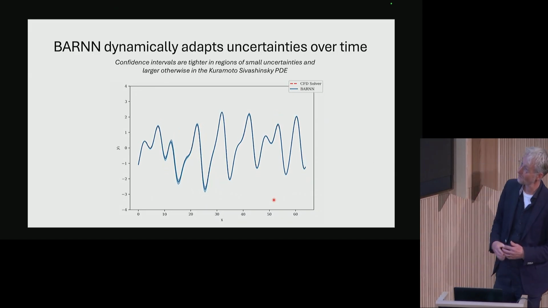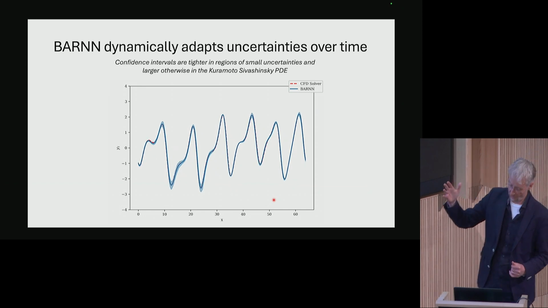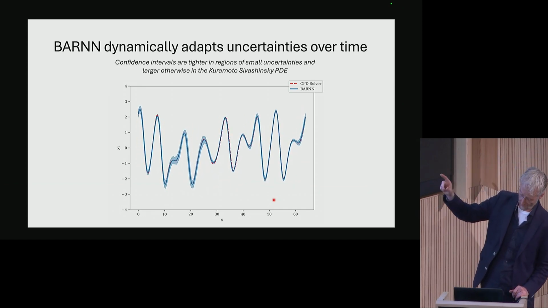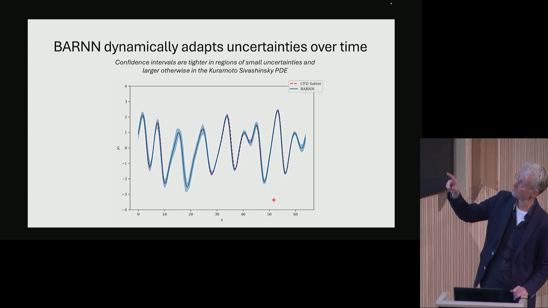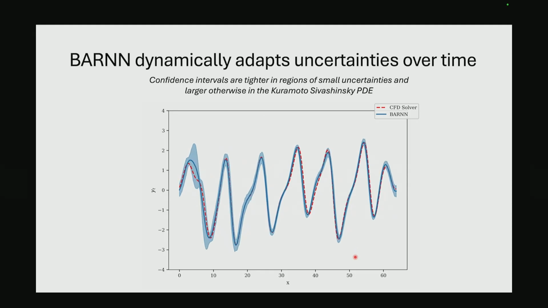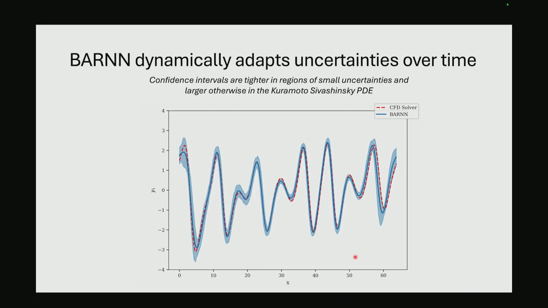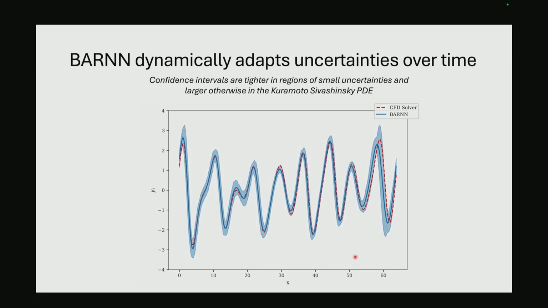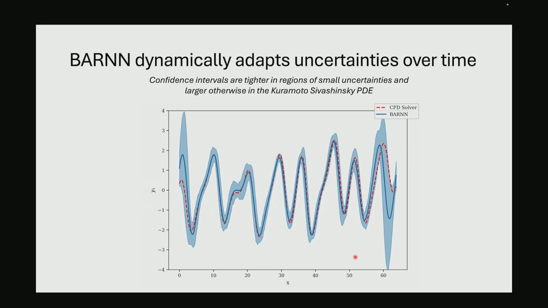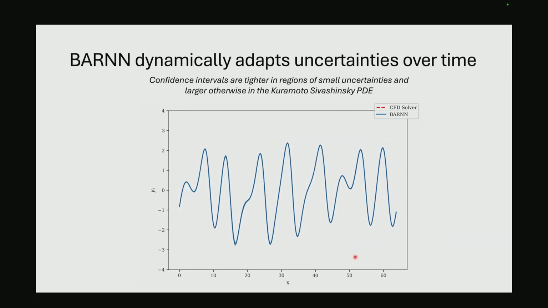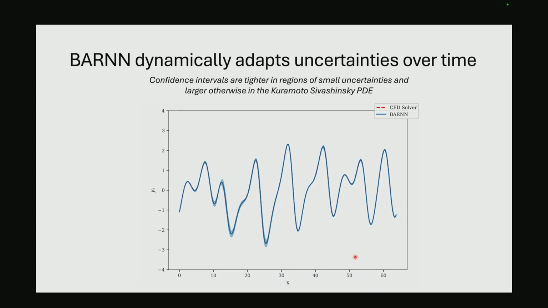You can wake up again. So here is the application of that on a PDE. So this is an actual run of the model. The red stuff is the actual solver. Barn is the mean, basically, the prediction. But what you see is that as it's starting to deviate from the ground truth, it is also blowing up the uncertainty.